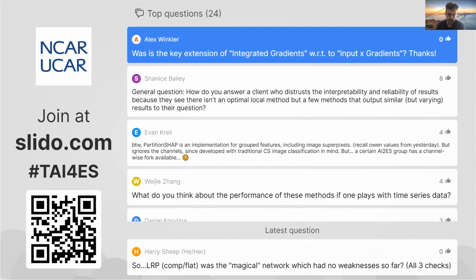Another thing I want to mention about integrated gradients is that it satisfies the local accuracy property, the same property that Shapley values also satisfy. This property is also known as completeness. There are many different terms out there.